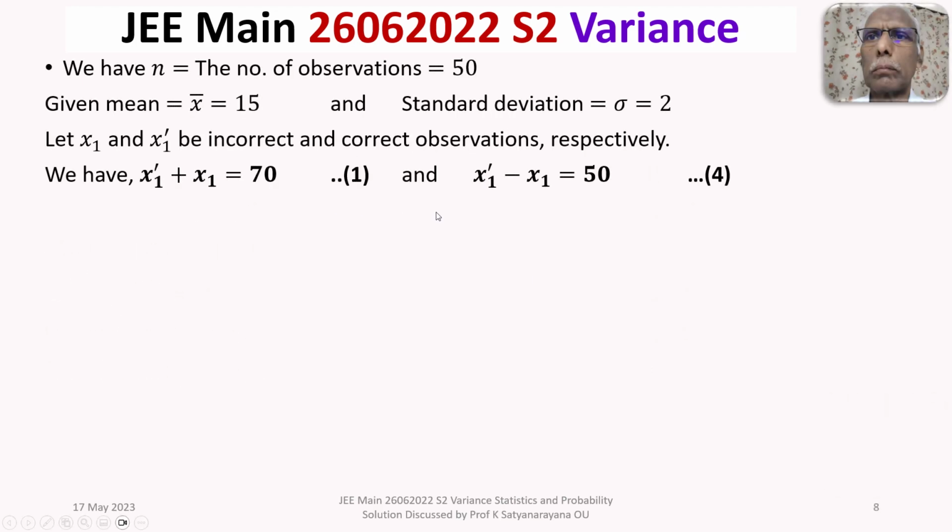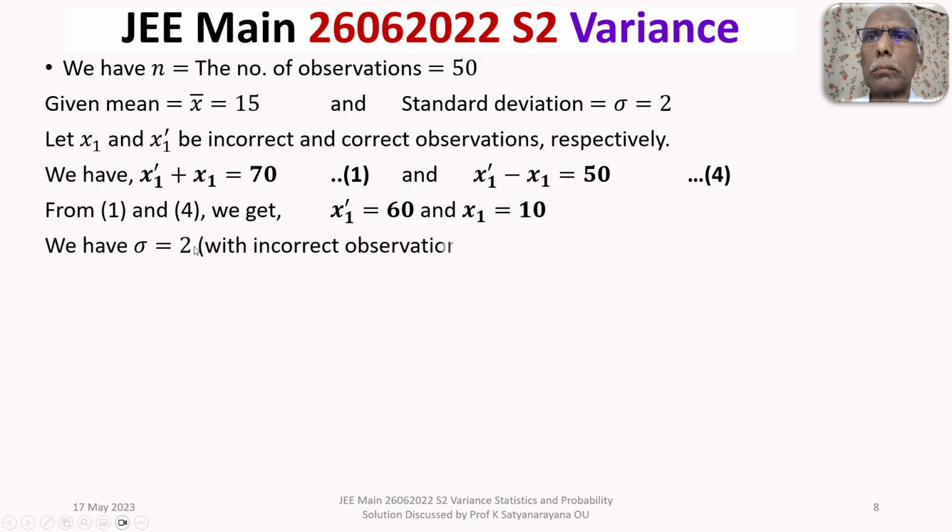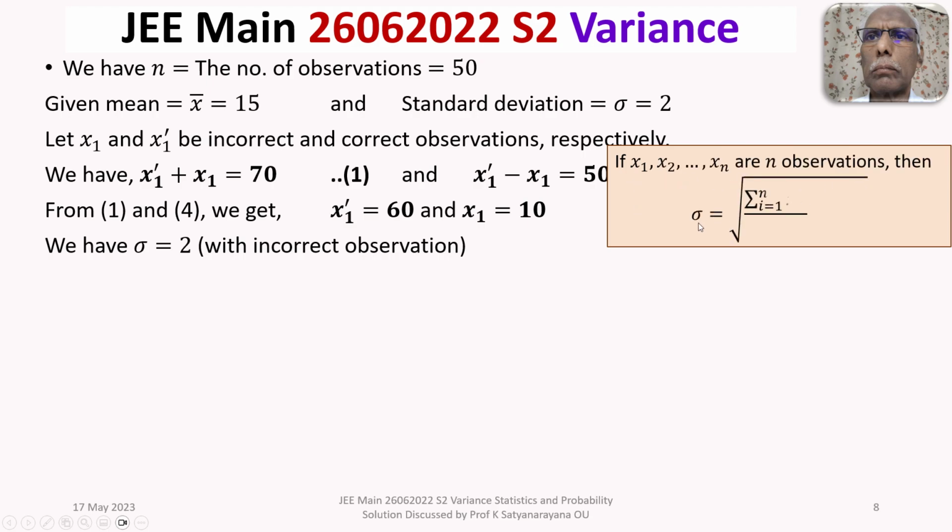We have x1 prime is 60, x1 is equal to 10. So far we have not made use of the standard deviation, sigma equal to 2 with the incorrect observation. The standard deviation formula is: if x1, x2, up to xn are n observations, then sigma is equal to the square root of sigma i equals 1 to n xi square by n minus x bar square.